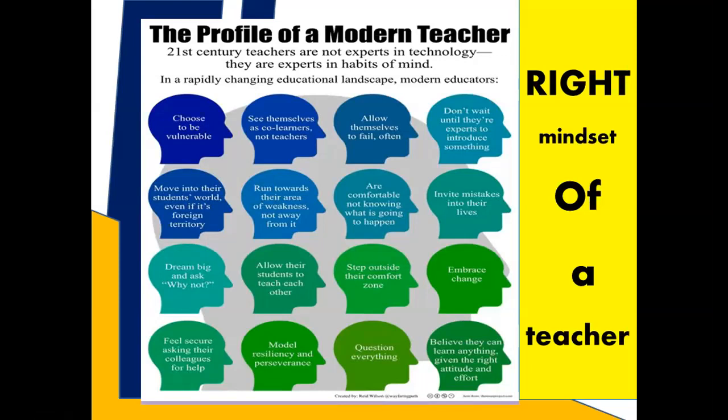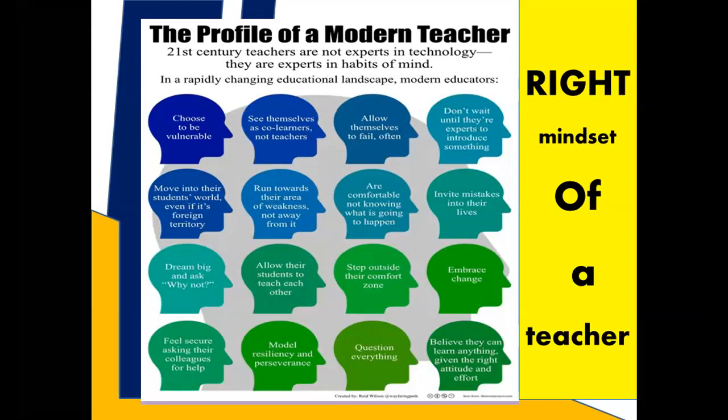They don't wait until they're experts to introduce something, but move into their students' worlds, even if it's foreign territory, and run towards their area of weakness, not away from it. They are comfortable not knowing what is going to happen, invite mistakes into their lives, dream big, and ask why not. Okay, and they allow their students to teach each other, and step outside their comfort zone.